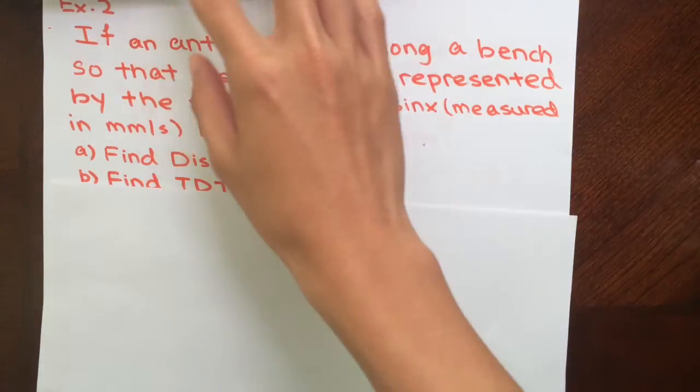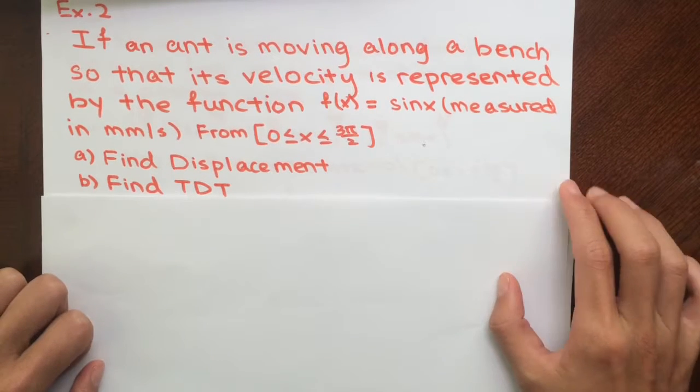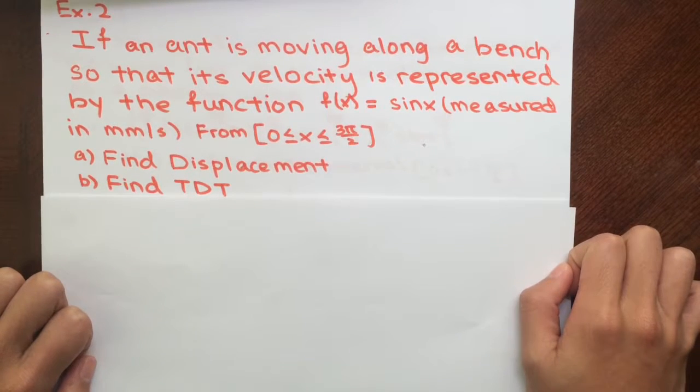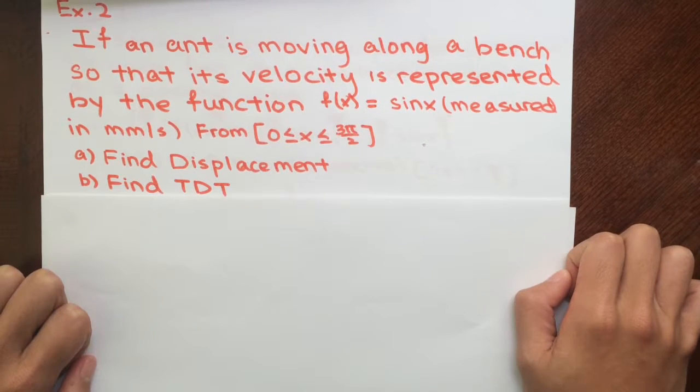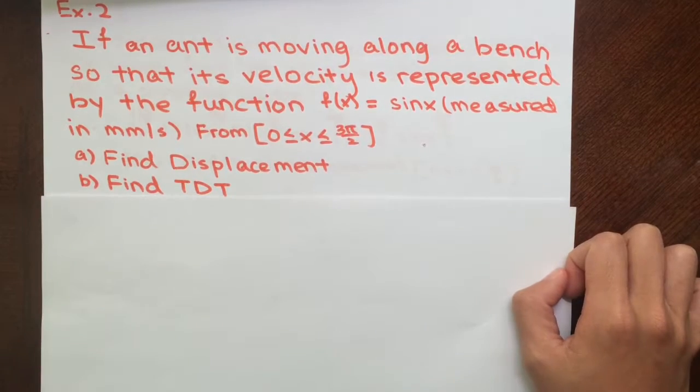Moving on to the second example. The question states that an ant is moving along a bench so that its velocity is represented by the function f of x equals sine of x, measured in millimeters per second, on the interval of 0 to 3 pi over 2.